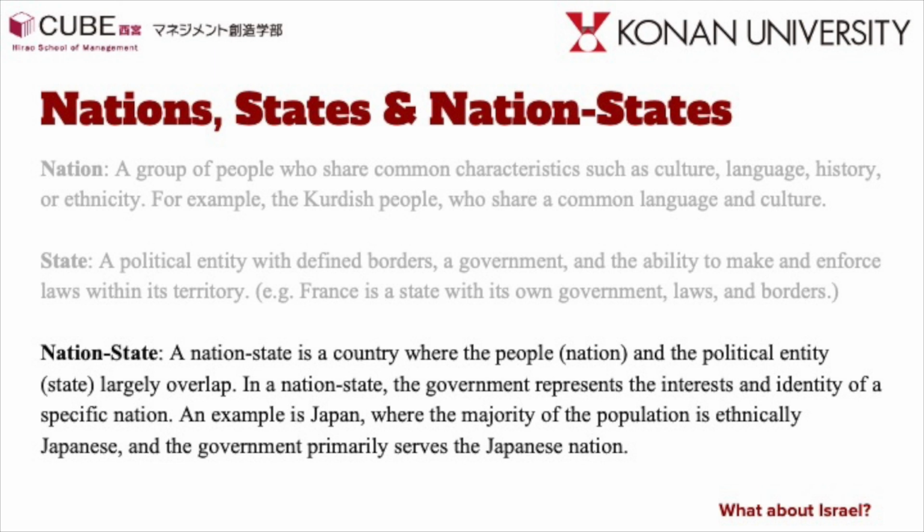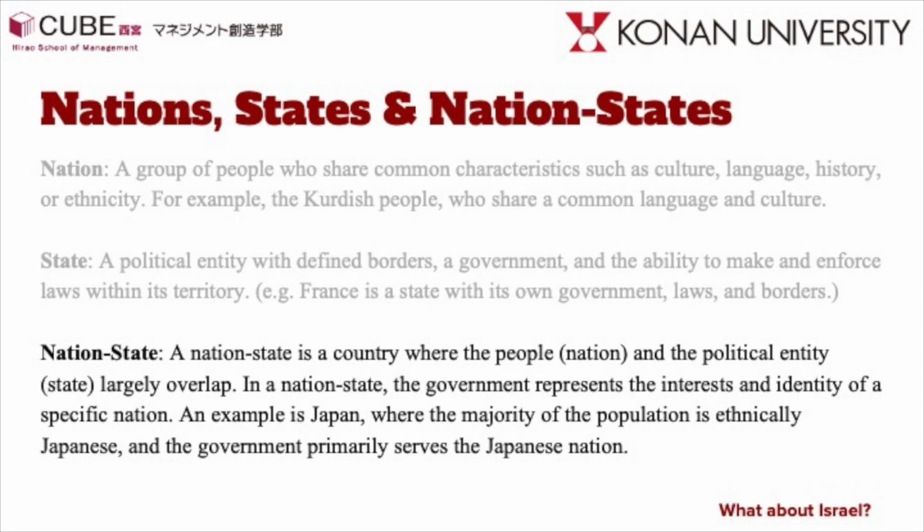The majority of the population is ethnically Japanese, and the government primarily serves the Japanese nation. Other examples are Iceland, where the nation and state are closely aligned, and most of the population shares a common language and culture. And Greece is also another nation state.